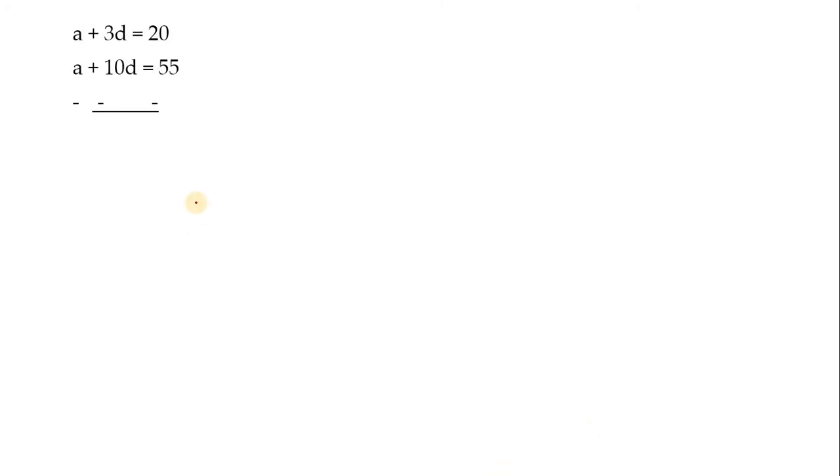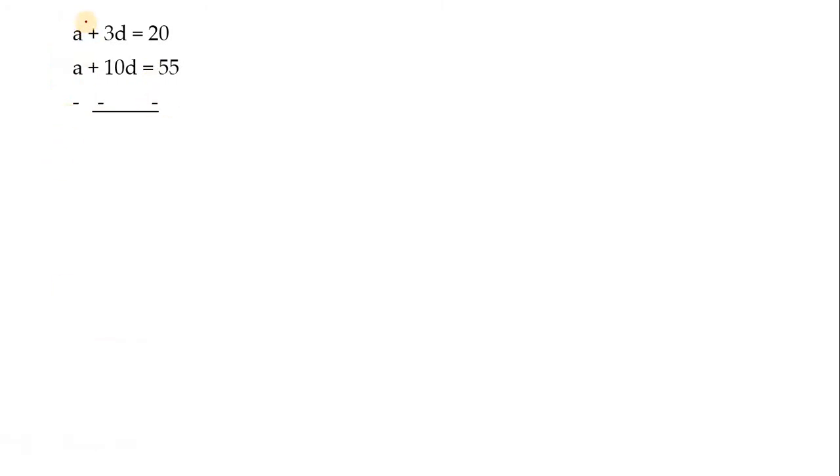So let us solve. Both the equations I have taken here, one under another. See the A coefficients now. I am using the elimination method, children. The A coefficients are the same, here also 1 is there, here also 1 is there, but with different signs, not the same signs. So what I'll do, I'll subtract the equations. This plus I'll make minus, this plus I'll make minus, and this plus I'll make minus. Now what happens?